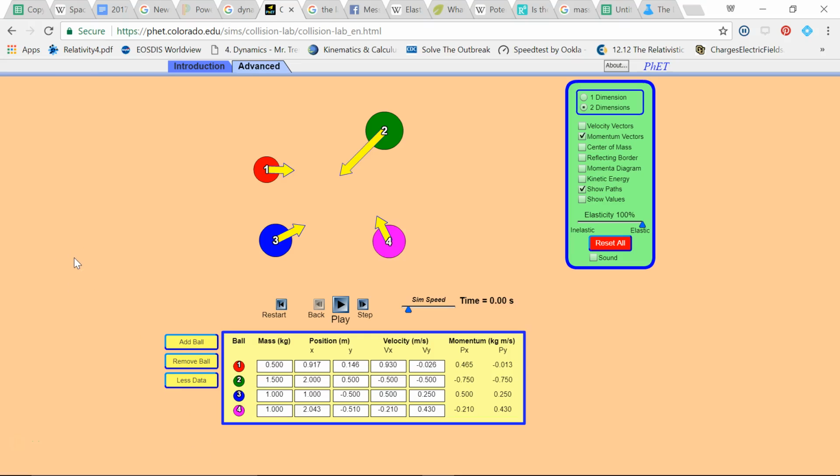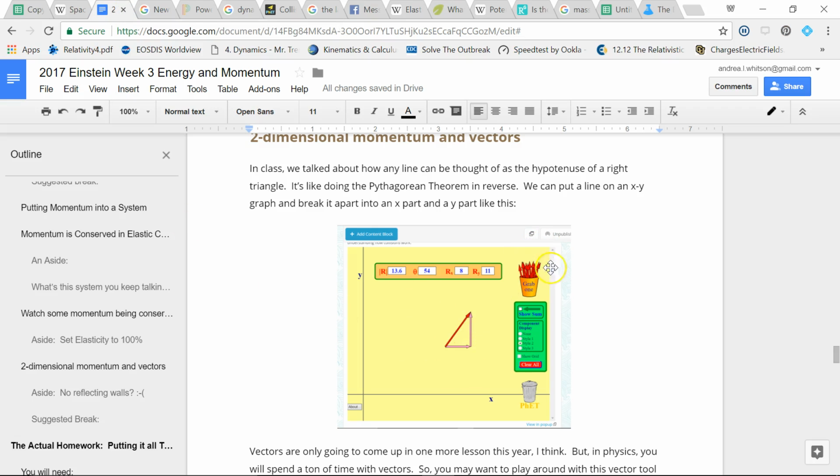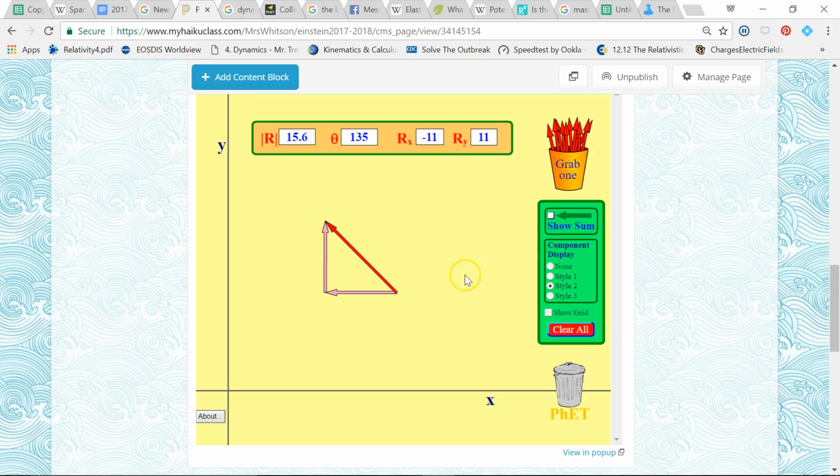Okay, so now we're back. We just looked at vectors, and we know that we can divide up motion into x's and y's. One of the nice things about dividing things up into x's and y's is that I can add a whole bunch of crazy vectors to each other, and I can ask, what's the result if each of these vectors is a force acting on something, and I want to add them all up?